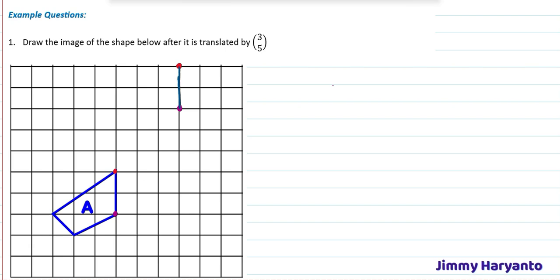So the shape will be like this one. Remember, in translation the shape will not change, so the shape is exactly the same as the original. There you go. And the image of the shape will be called A prime. So if the original shape is A, that means the image will be A prime. This is how you draw the translation.